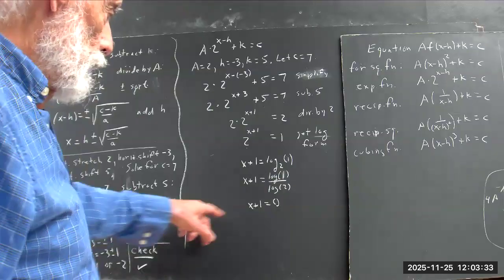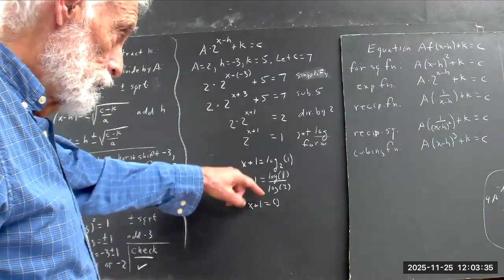In this case, we get x plus 1 equals 0. We plug this into the calculator.